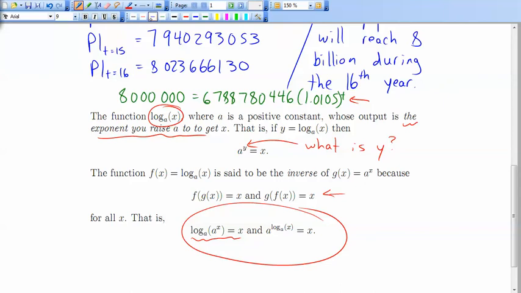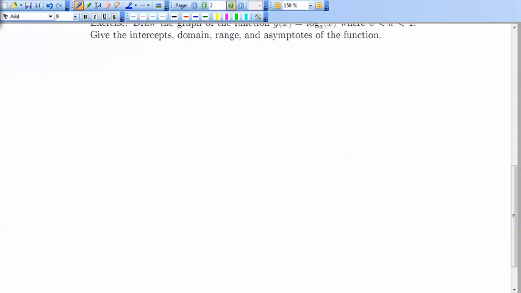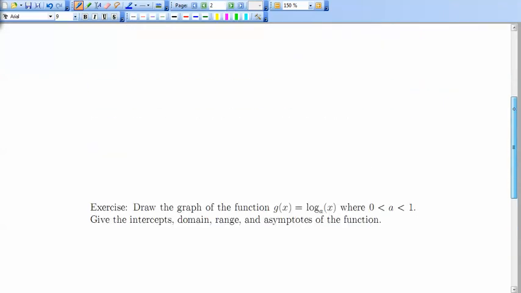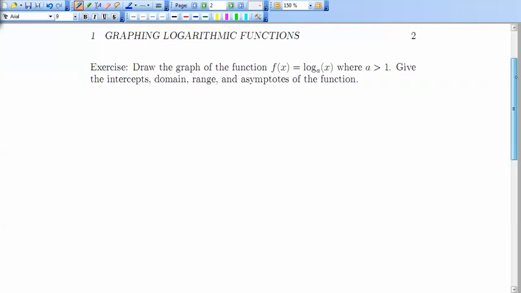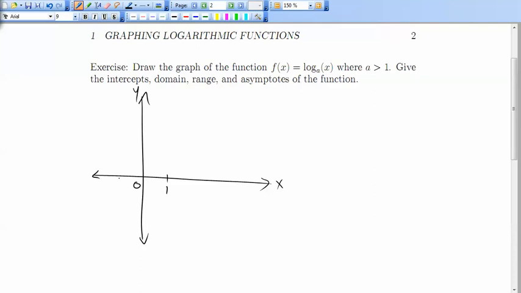For now, let's just take a look at what that graph looks like. In fact, we've seen it before because we drew an exponential function, and back when we were first talking about inverses, we were able to reflect it about the line y equals x. So we already knew what the inverse function looked like. Because the exponential function has a y-intercept at 1, our logarithmic function is going to have an x-intercept at 1.